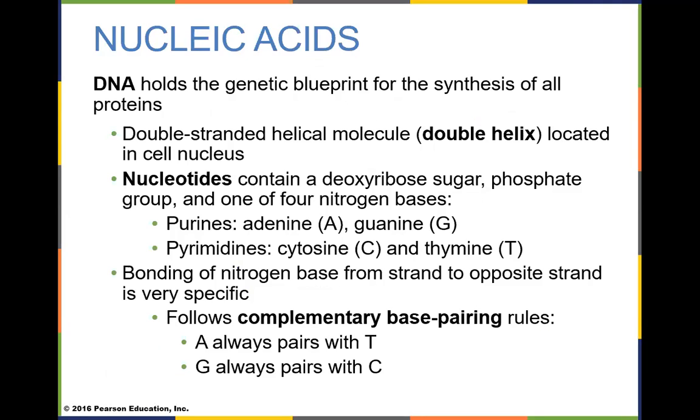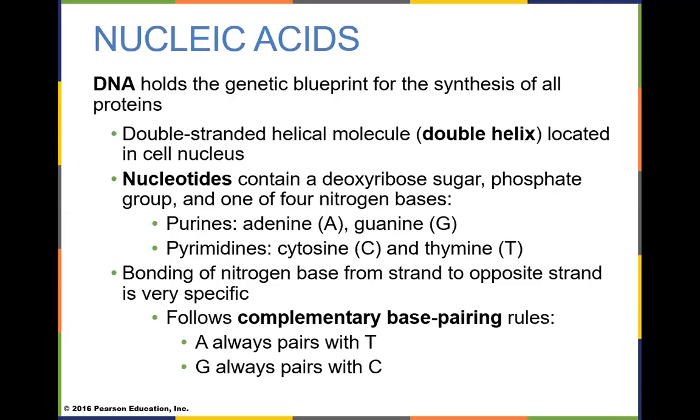Every cell in our body that has a nucleus has DNA within that nucleus, and that is a complete copy of the entire amount of DNA for any cell. So a liver cell, a skin cell, a brain cell, a muscle cell, their DNA is exactly the same as all the other cells' DNA.